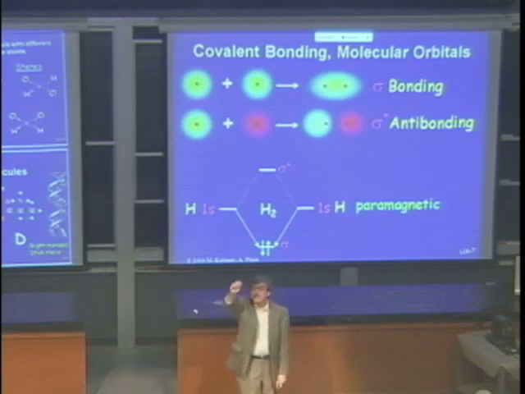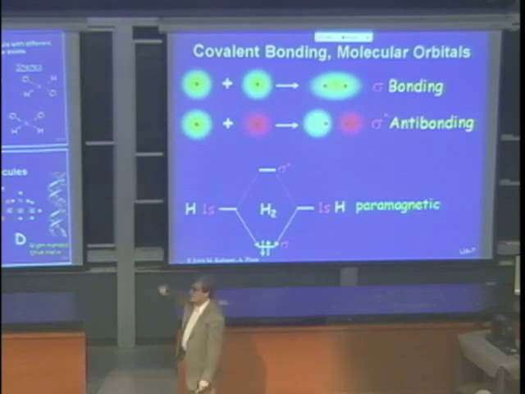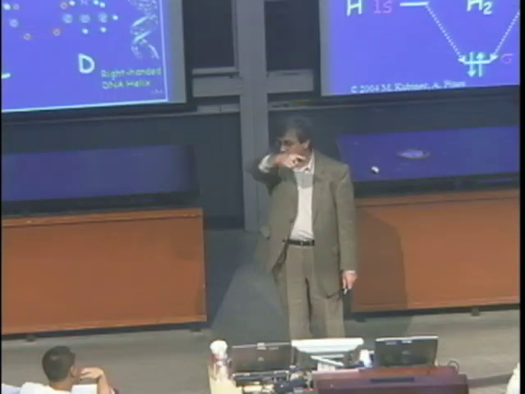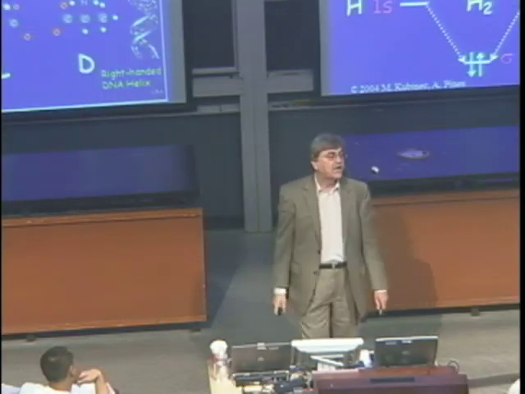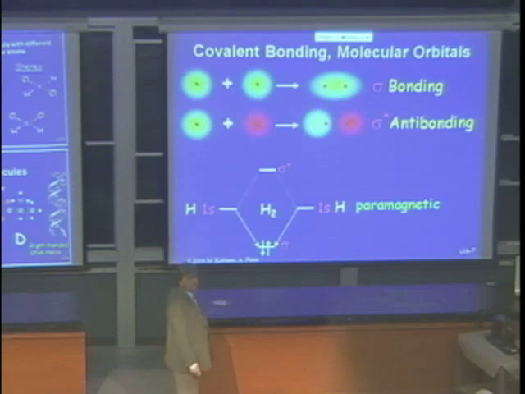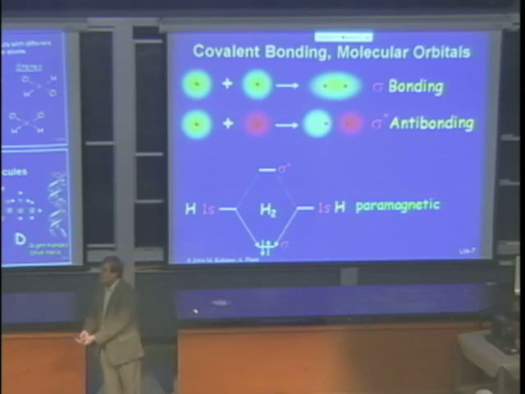Now comes the next thing. You remember when we had these mesomeric structures, where nitrate has 3 mesomers, these alternating structures. We were talking there about bond order. Now I'm going to give you an even better definition of bond order. Bond order is the number of bonding electrons minus the number of anti-bonding electrons, divided by 2.